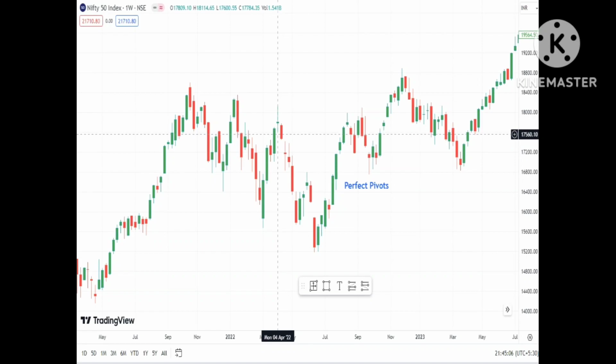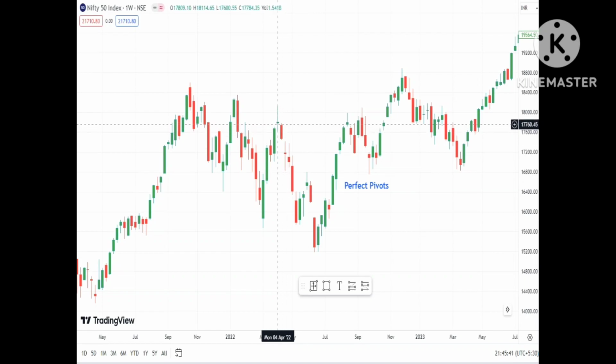We'll just repeat this again. The high of the main middle pivot candle should be above the high of the first and the third candle, and the low of both the first and the third candle should always be below the low of the main middle candle.